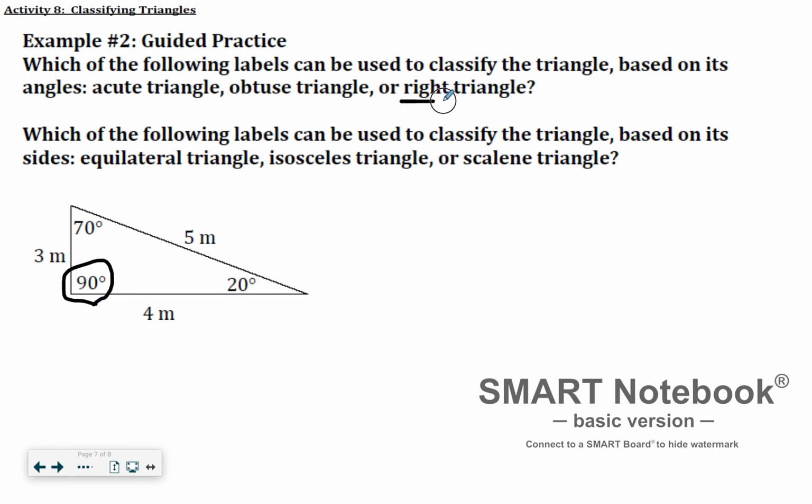That means I know this has to be a right triangle because it has a 90-degree angle in it. Now let's look at the sides. Are they all the same? No. So this can't be equilateral. Are 2 sides the same length? No. Oh, so this must be a scalene triangle because all the lengths of the sides are different.